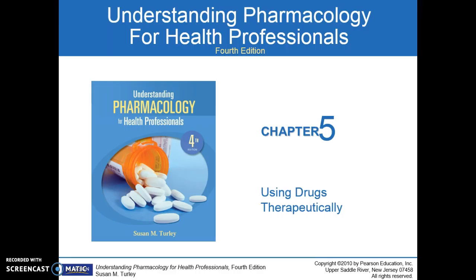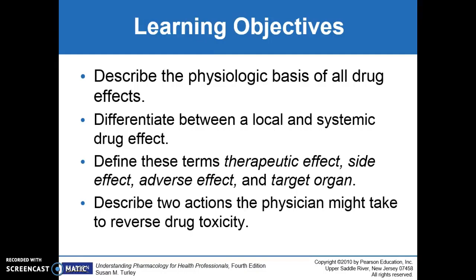This chapter is entitled Using Drugs Therapeutically, and there's really a ton of different topics that are covered in this particular chapter. So I'm going to just go over a high-level overview of some of the things that you're going to be learning about. You're going to be learning about some of the effects that drugs have on your system, on the body.